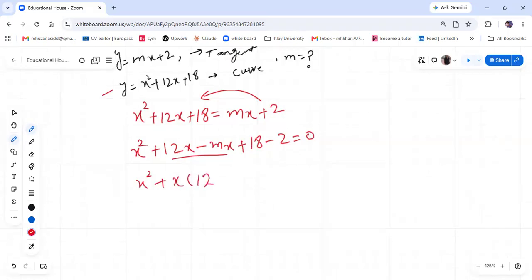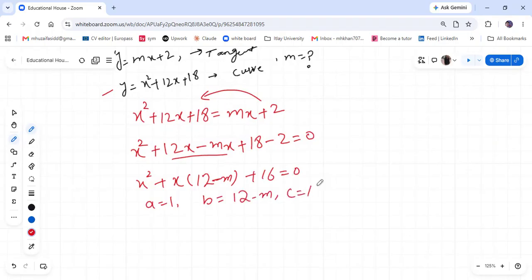This is 12 minus m, plus 16 is equal to 0. Now a is equal to 1, b is equal to 12 minus m, and c is equal to 16.